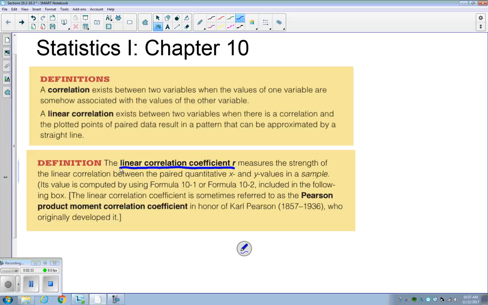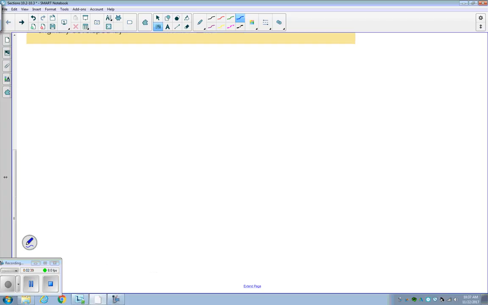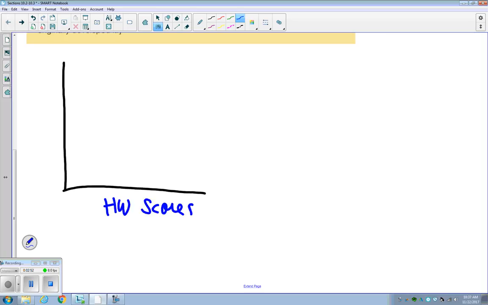So let's talk about what you might be seeing here. Let's say I decided to plot homework scores and compare them to test scores. We might have something like this. This is called a scatter plot.